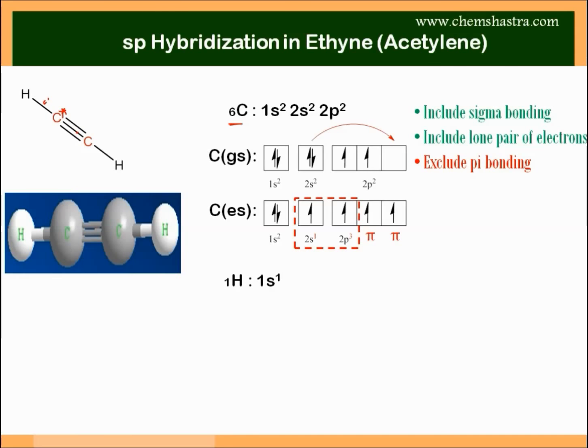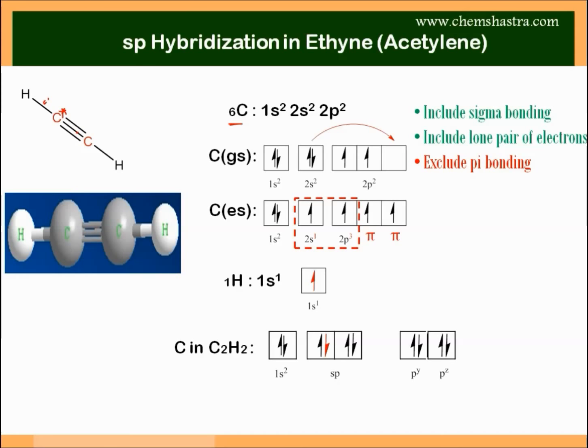This is something that I have given as extra information. The carbon is forming a bond with hydrogen, whose atomic number is 1 and whose electronic configuration is 1s1, so in the 1s orbital hydrogen has 1 electron. If you focus on carbon in C2H2, that is the ethyne molecule, how will it look? You have the 1s electrons from carbon, don't worry about that.